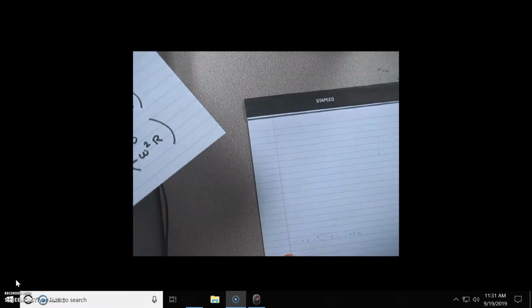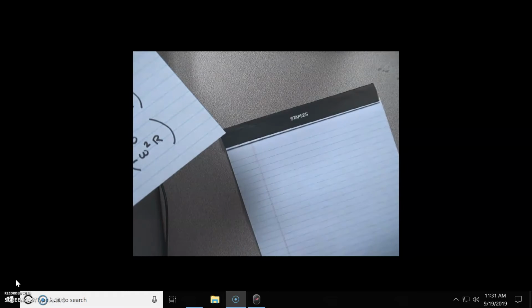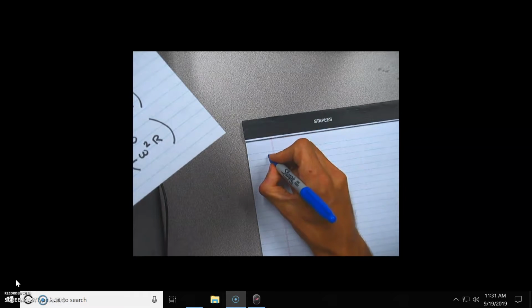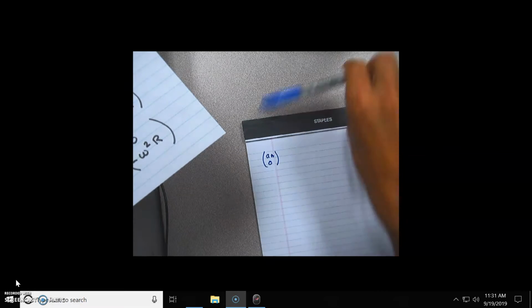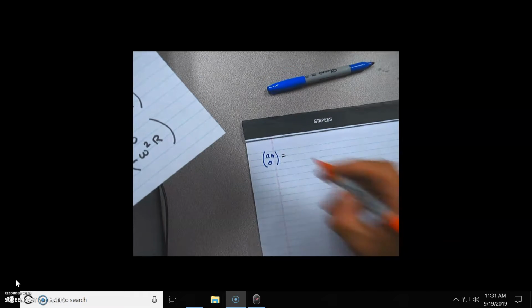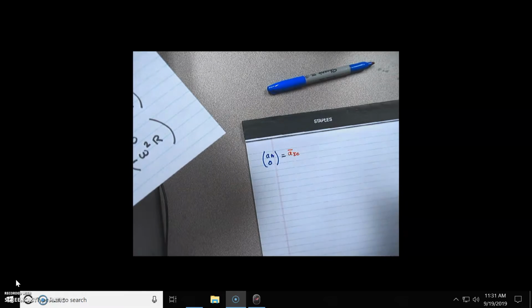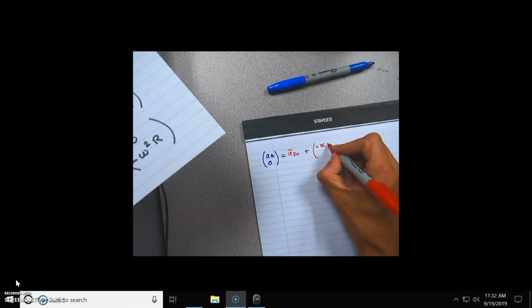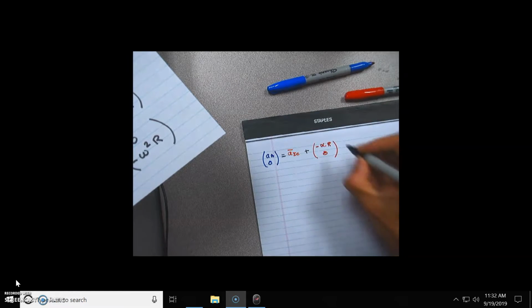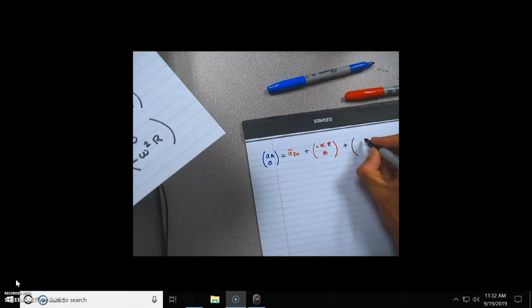Okay, so let me rewrite very quickly the same equation on the next page. So basically we have the acceleration of A equal to the acceleration of the instantaneous center, plus, I'm running out of colors, minus alpha r, 0, plus 0, minus omega squared r.